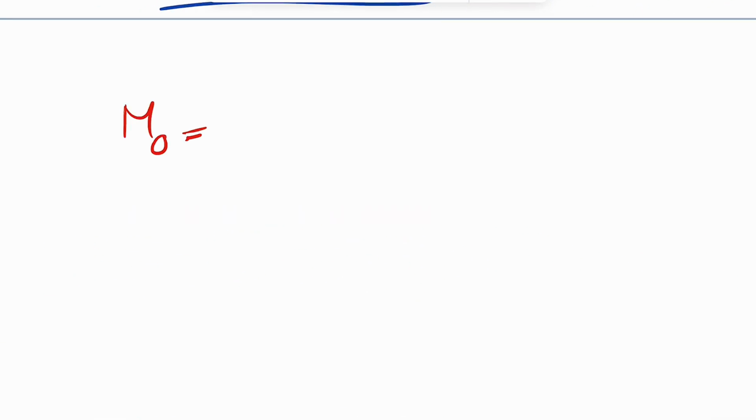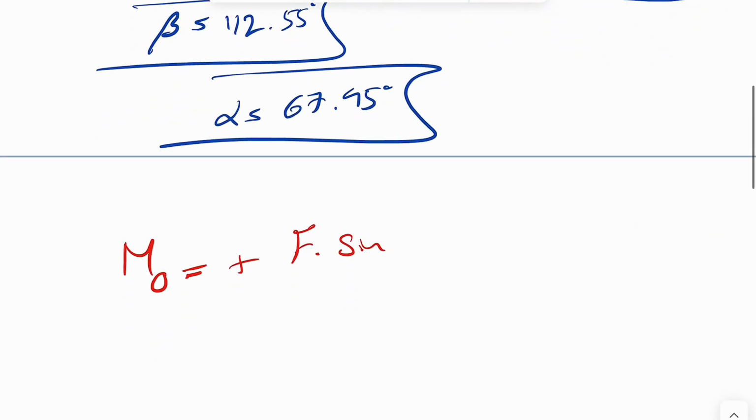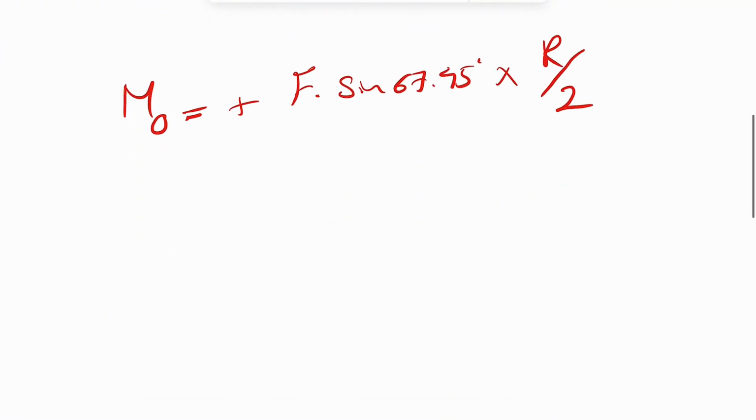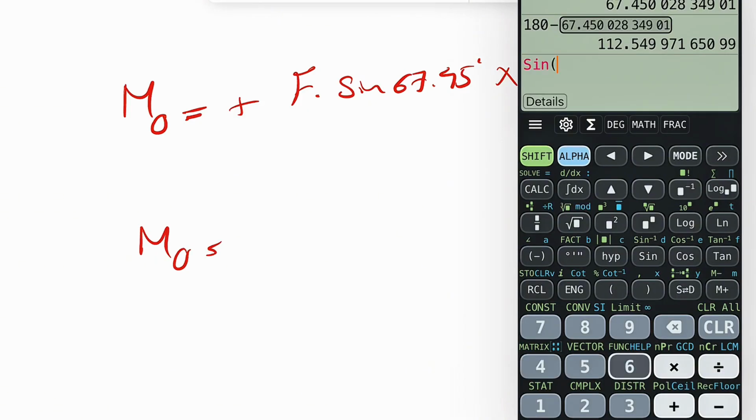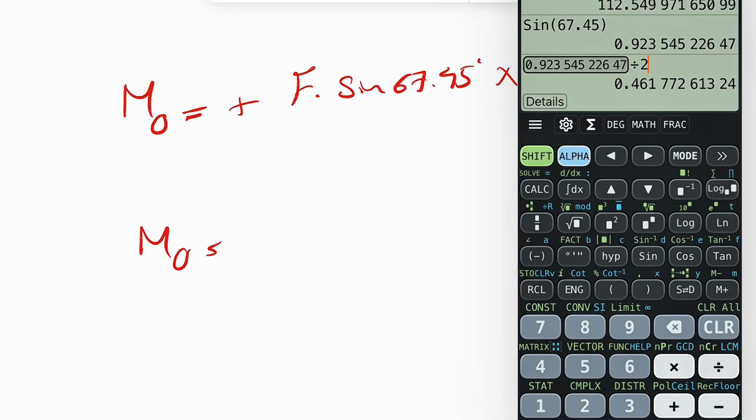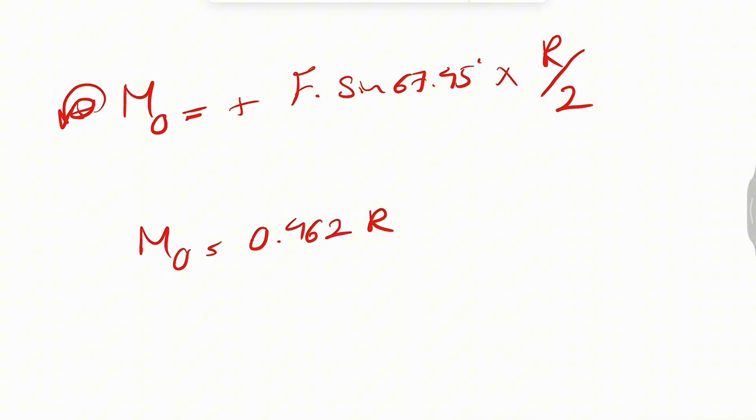M_O will be positive. The force F sine of the angle alpha, which was 67.45 degrees, times the distance R divided by 2, so our moment would be sine of 67.45 divided by 2, which is 0.462 R. We always consider counterclockwise positive, so the moment will be counterclockwise.